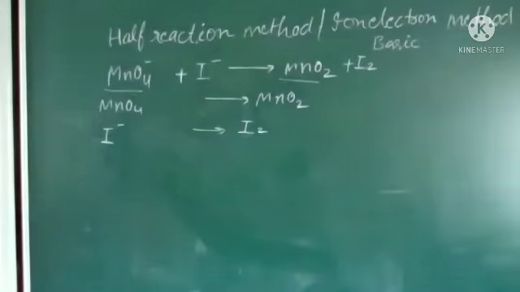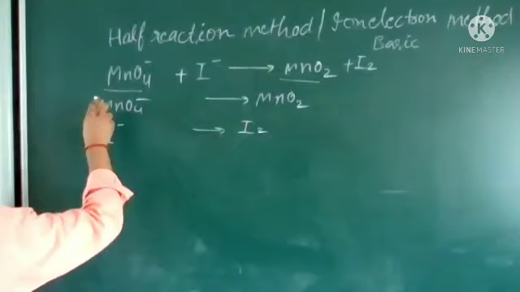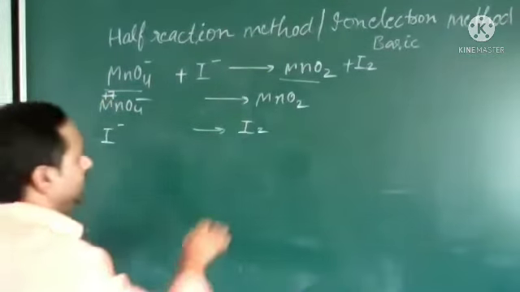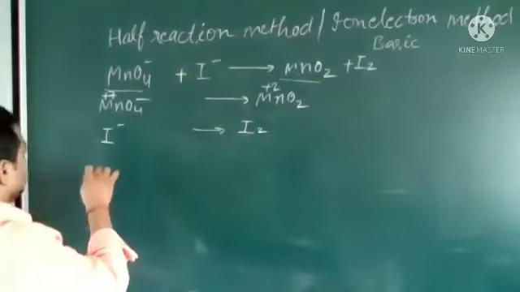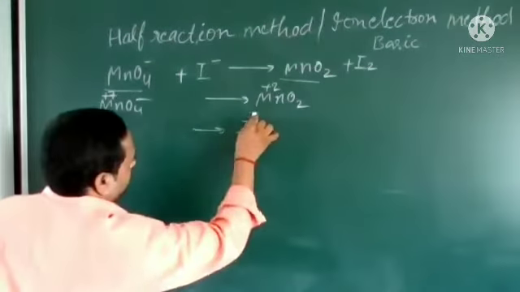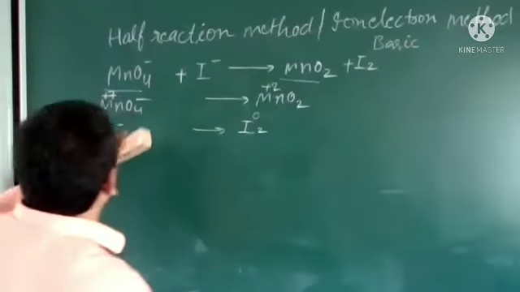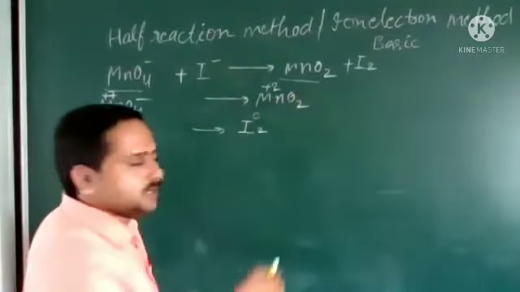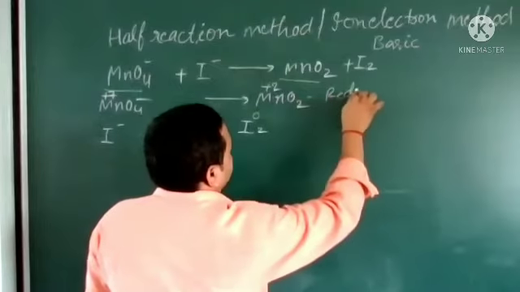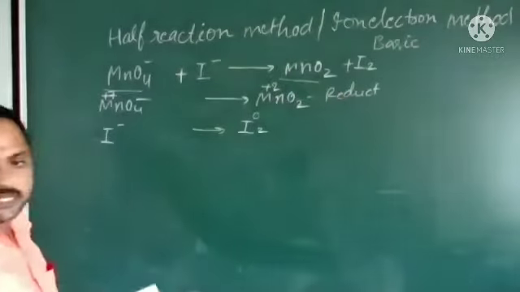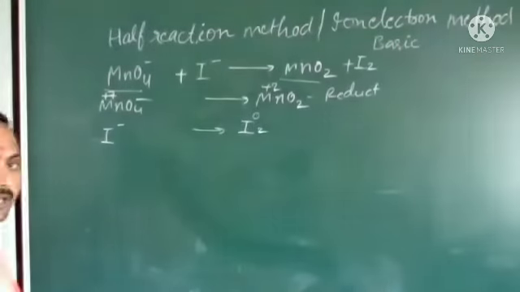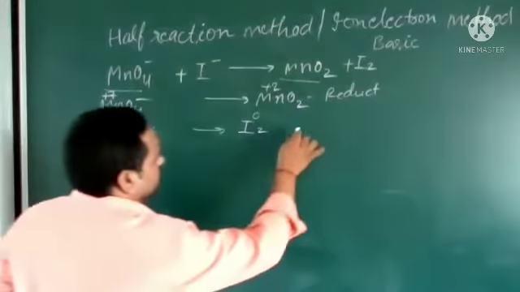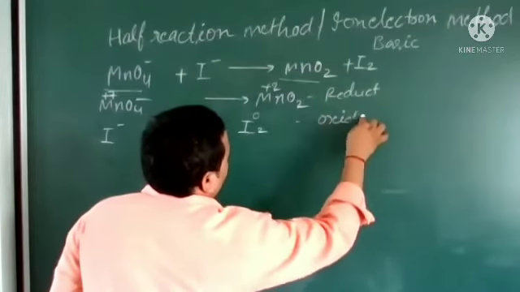The oxidation state of Mn is +7 on the left and +4 on the right, and the oxidation state of I is -1 and then 0. Where the oxidation number is decreasing, this is reduction. Where the oxidation number is increasing, this is oxidation.